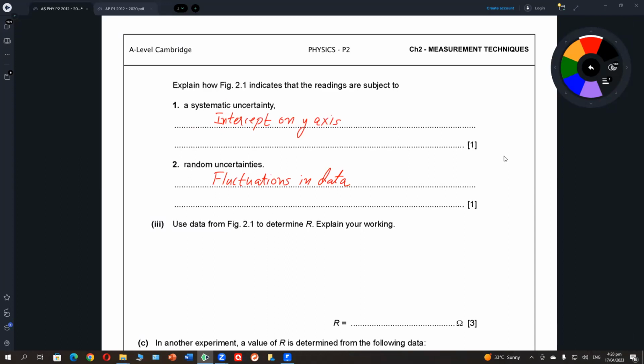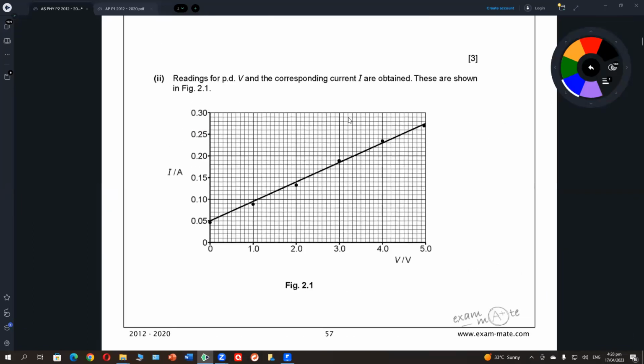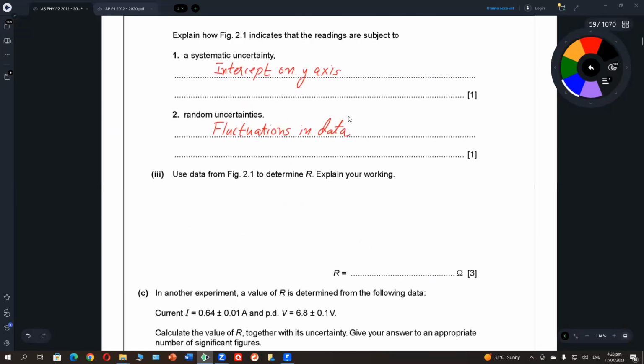He says use your data from figure 2.1. 2.1 is I against V. It looks to be a gradient case. I'm going for the idea of gradient.